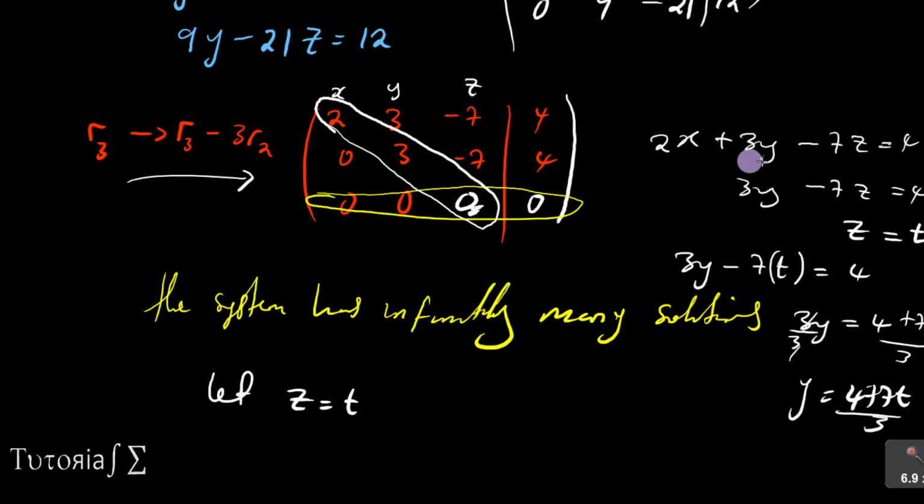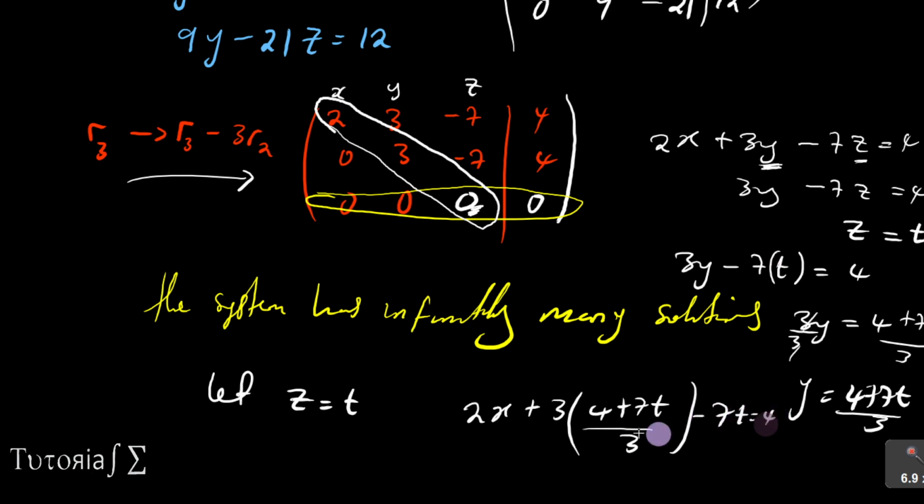We found y, so you replace here, and that will give your x. So you found y using this, you replace there, so it will be 2x plus 3 times (4 plus 7t) over 3, minus 7 times z, which is just t, equals 4. And you simplify, you make x the subject of the formula, so that those will be your values.